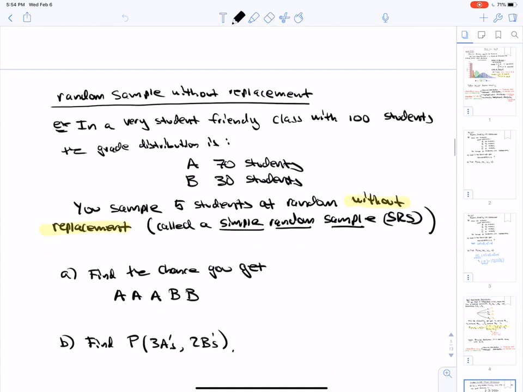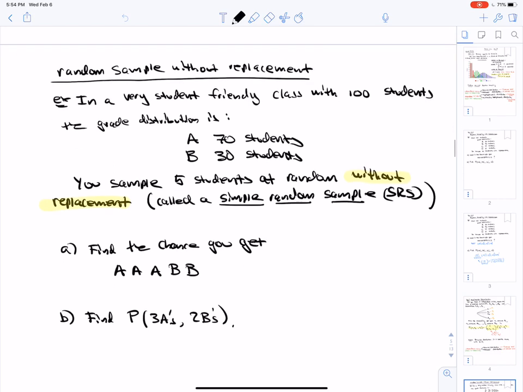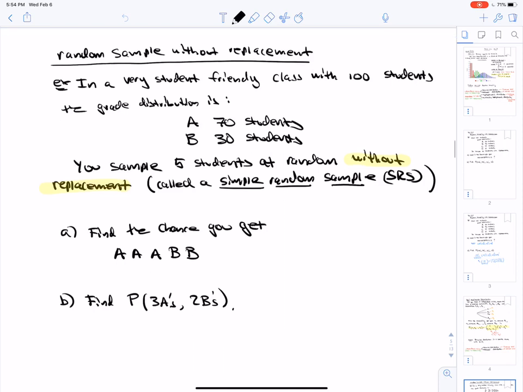Now we're going to turn to when we have dependent trials, which we called random sample without replacement. So in a very student-friendly class with 100 students, the grade distribution is 70 A's and 30 B's. You sample 5 students at random without replacement. This is called a simple random sample, or SRS.